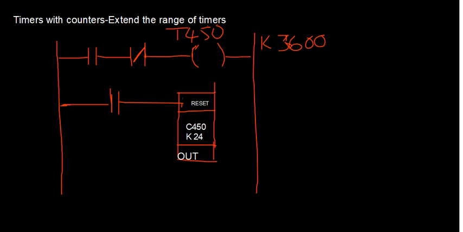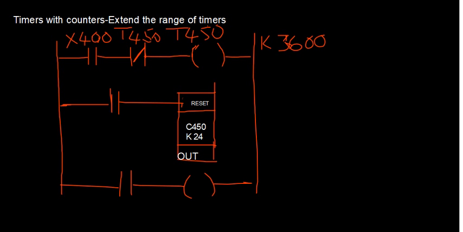This is again the T450 contact only. This is T450, and let me have here X400, T450, that is the timer with K equal to 3600. Then I would like to have an output here.